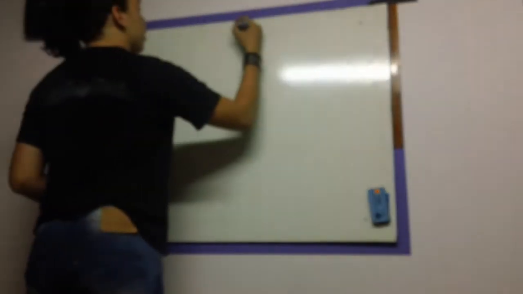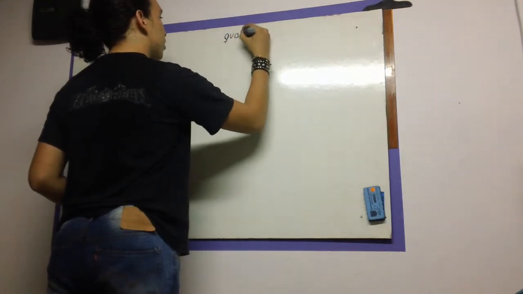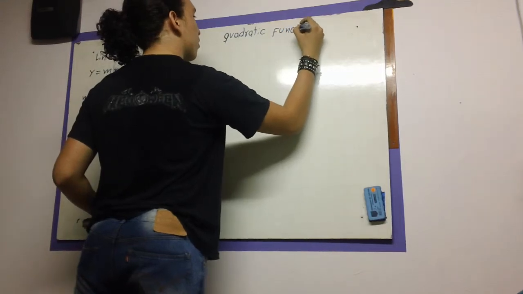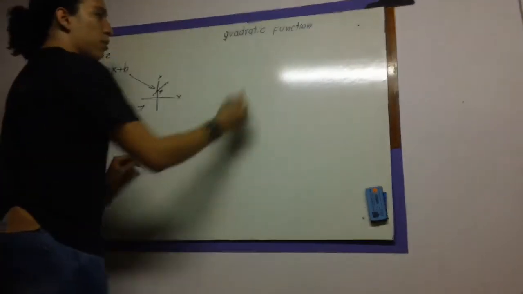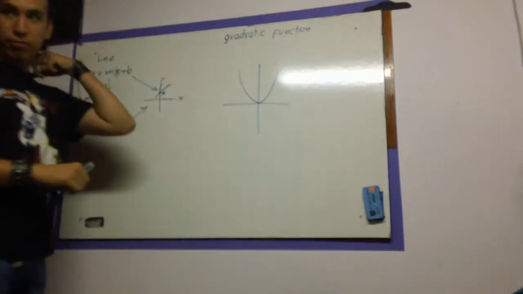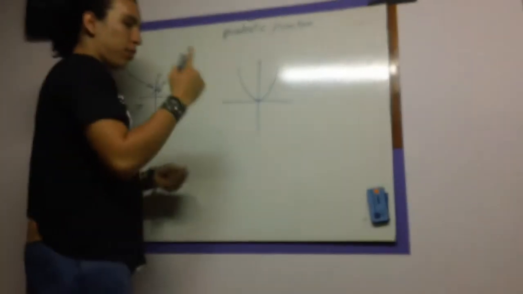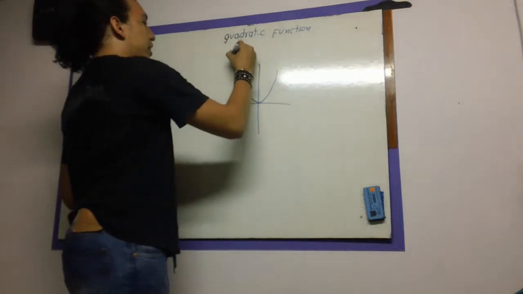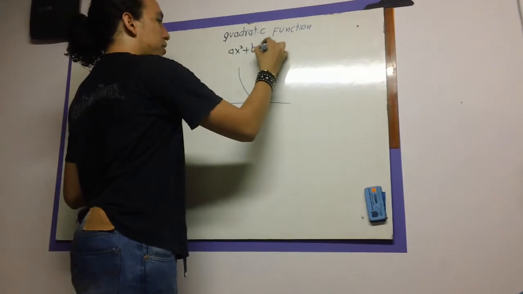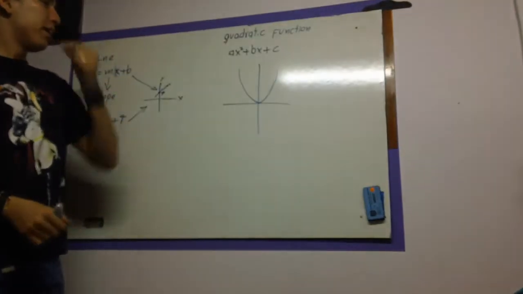Then the next one is the quadratic function. That you may know for being a thing like this. The usual equation of this function is a times x squared plus b times x plus a value called c.